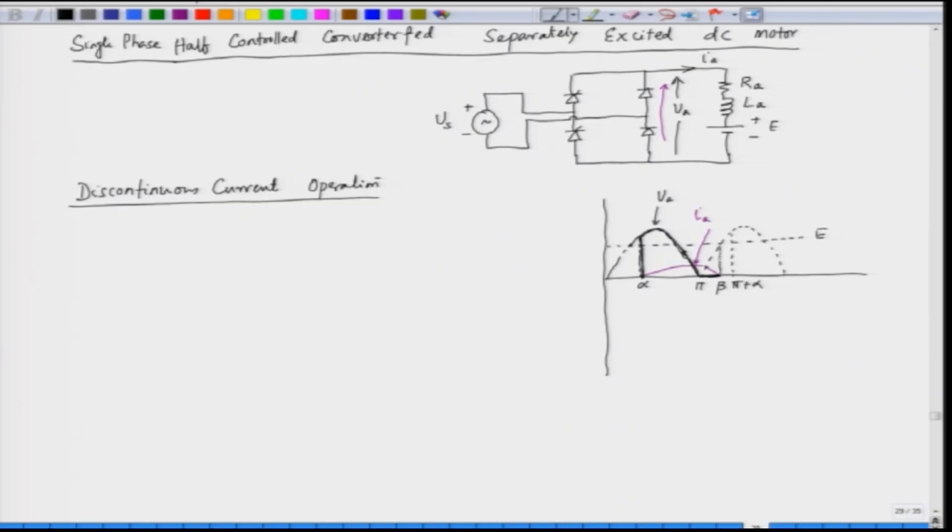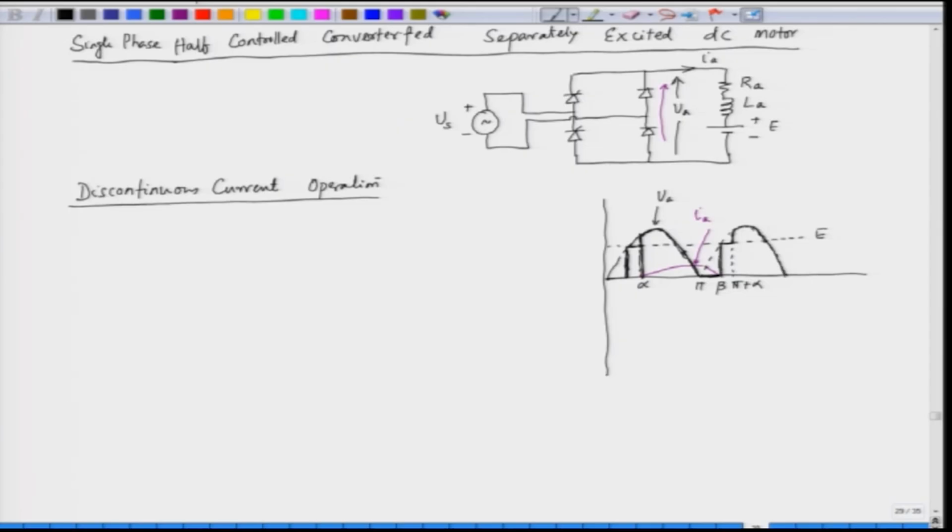So, at this instant the voltage will build up and will become the back EMF of the motor. So, the output voltage will look like this, and if the operation is periodic, the voltage will be of this nature.